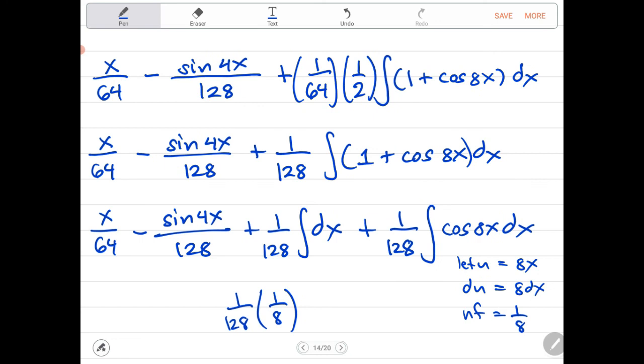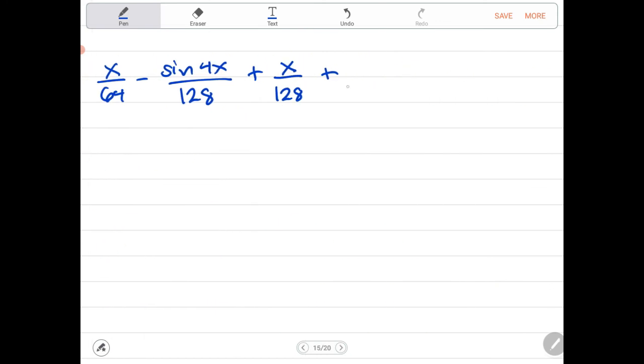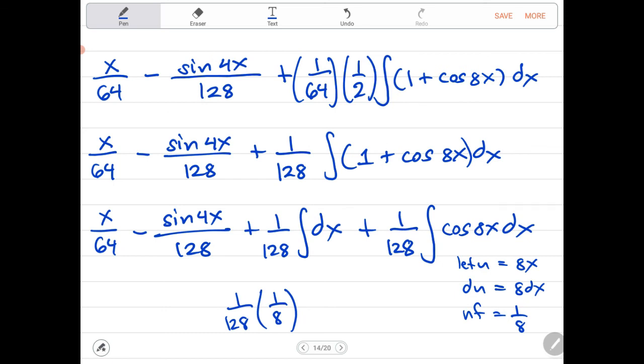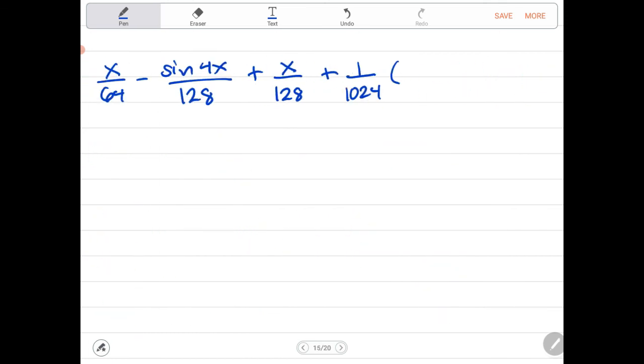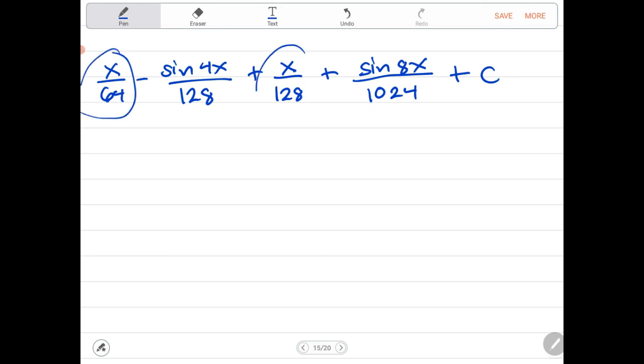So what is 128 times 8? That is 1024. So plus 1 over 1024, then the integral of cosine 8x is sine 8x. So we can rewrite this as sine 8x all over 1024 plus c. Okay? But this one, we can simplify this using the LCD because they are the same, right?